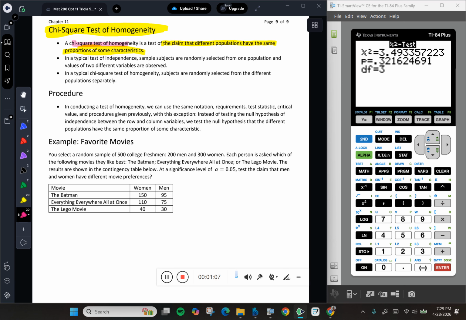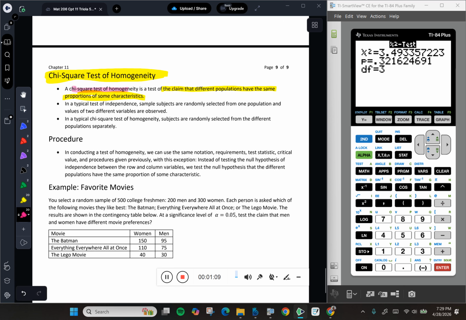So you could say, hey, do online students and in-person students get the same grades? So then one population would be online students. A second population would be the in-person students. We would compare the A's, B's, C's, D's, F's, W's for the online students with the same characteristics for the in-person.